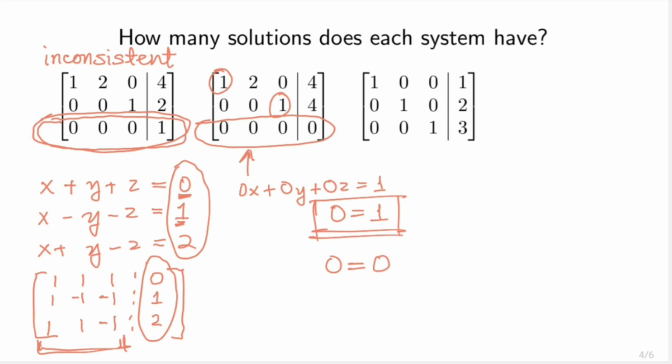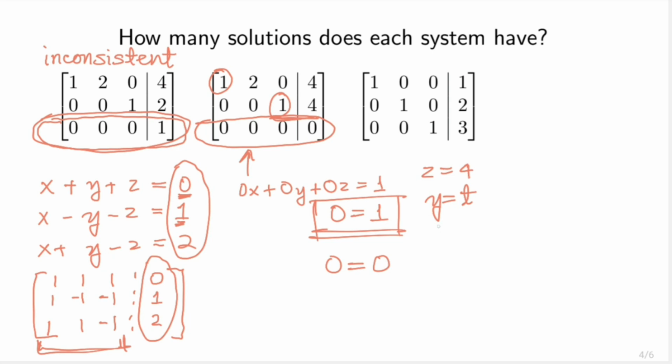That means that from this last equation, we can write, for instance, z equals 4. After writing z equals 4, what we have is x plus 2y plus 0z equals 4. But we can set y equal to a parameter.